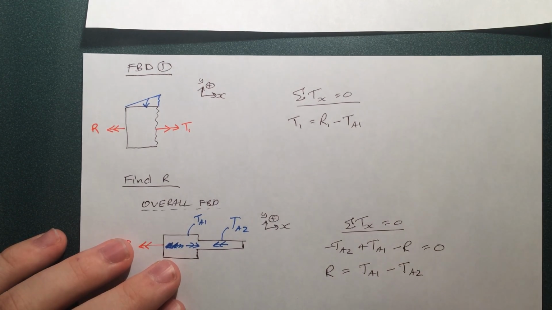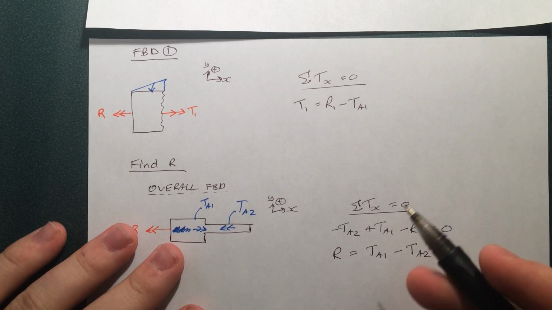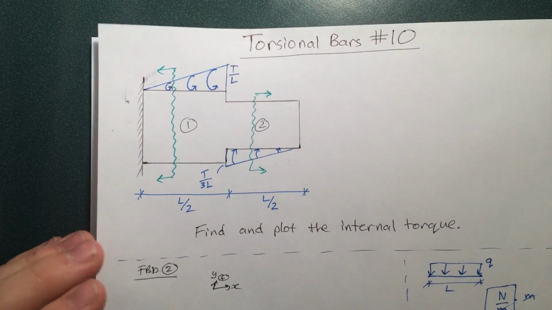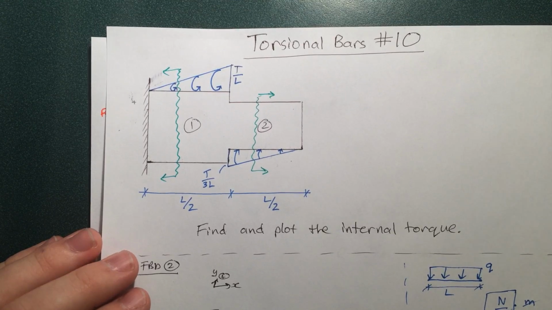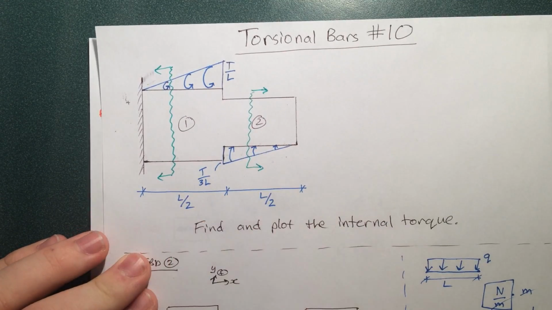In the first piece, the applied torque is just T by L, and we're multiplying it by the length L by 2.